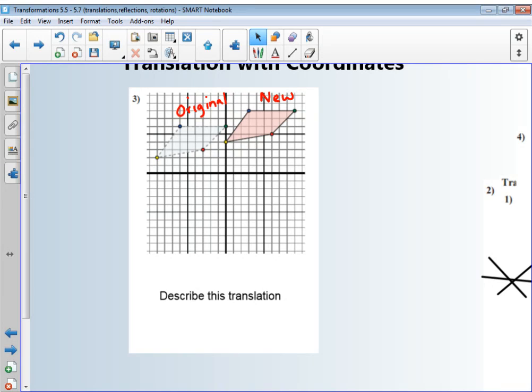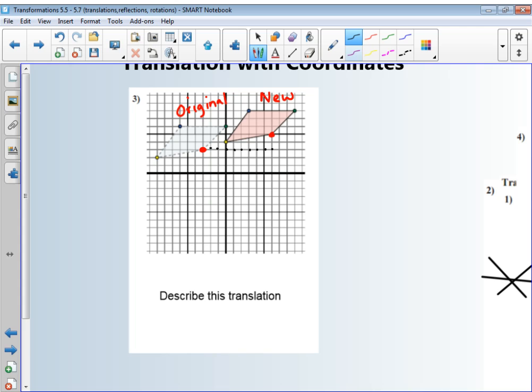So I'm going to do the point from, let's do our red to red. And it doesn't matter which one you pick. So I'm going to do my red point and I'm going to count out to get from that red dot on the left side to the red dot on the right side. What steps did I have to go? Okay, so I'm going to go over to the right. 1, 2, 3, 4, 5, 6, 7, 8, 9.